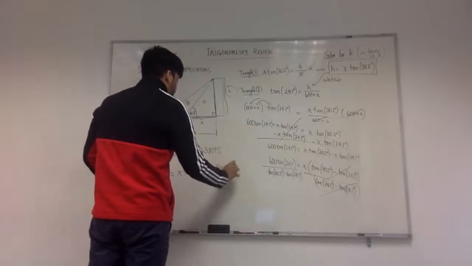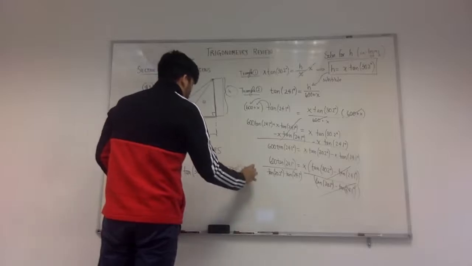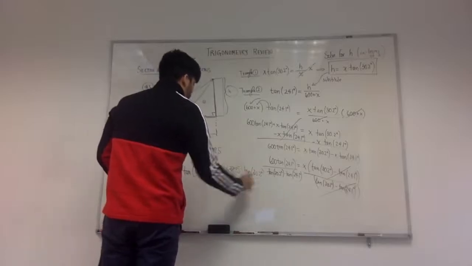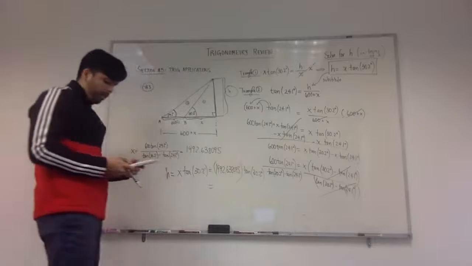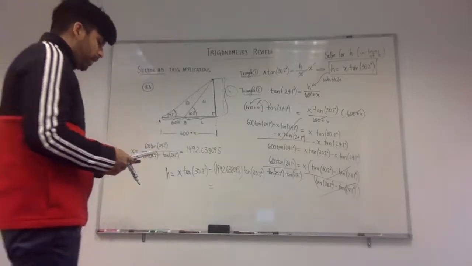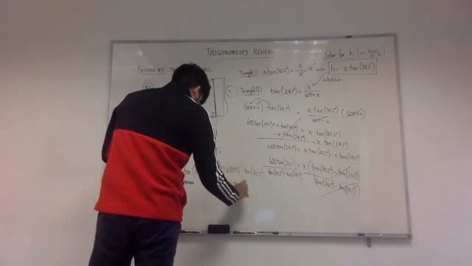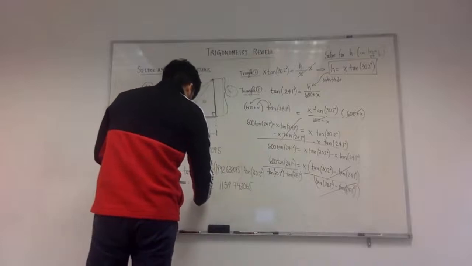1992.638095. I multiply this by tangent of 30.2 degrees. And when I multiply by tangent of 30.2 degrees, I get 1159.743065. And this is my height.